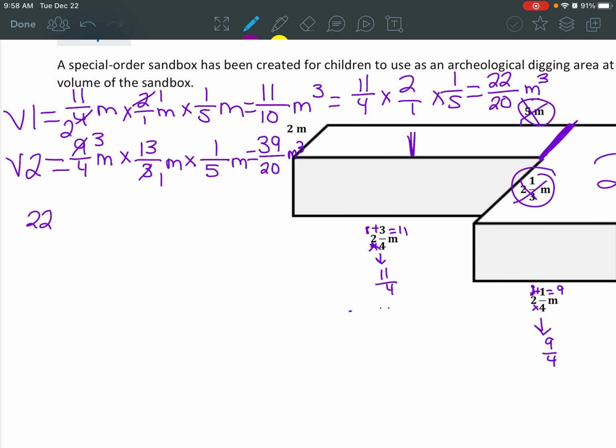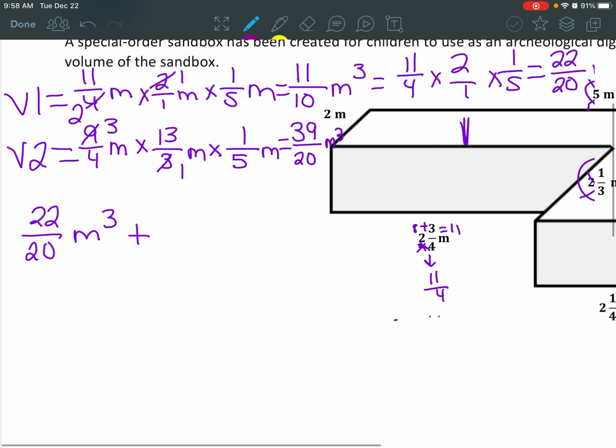So 22/20 meters cubed plus 39/20 meters cubed. So we do not add the denominators. We only add the numerators.